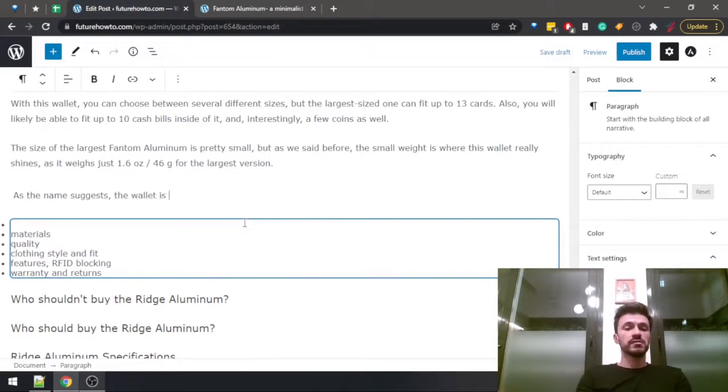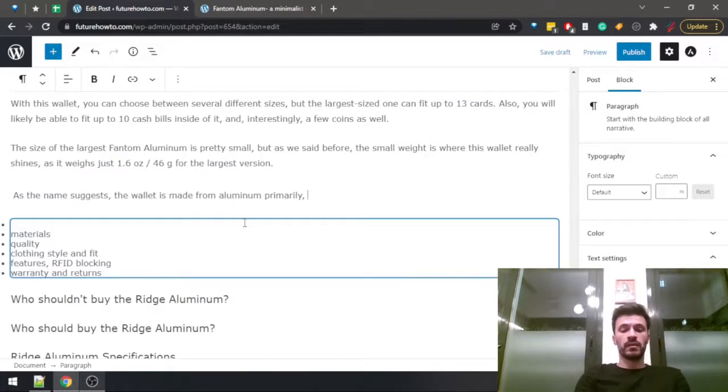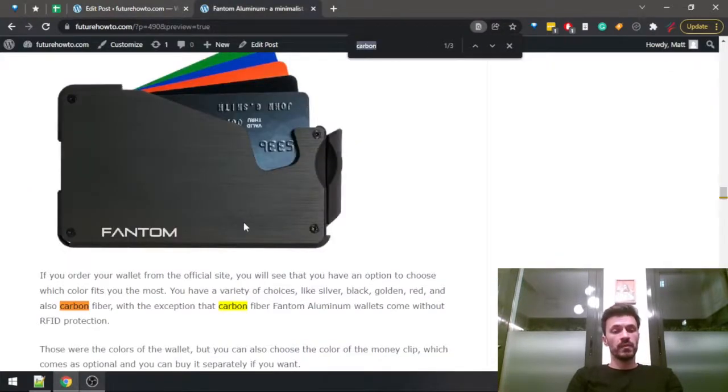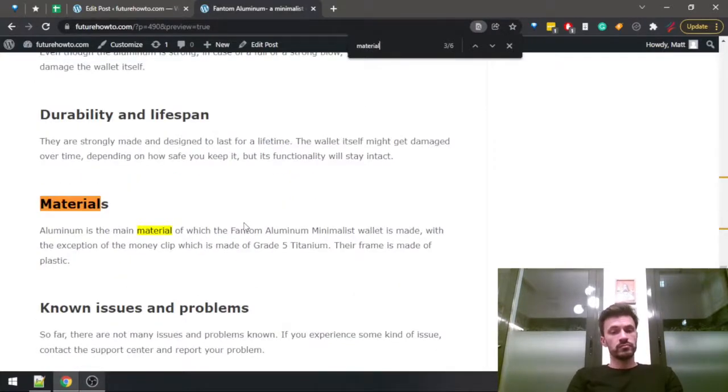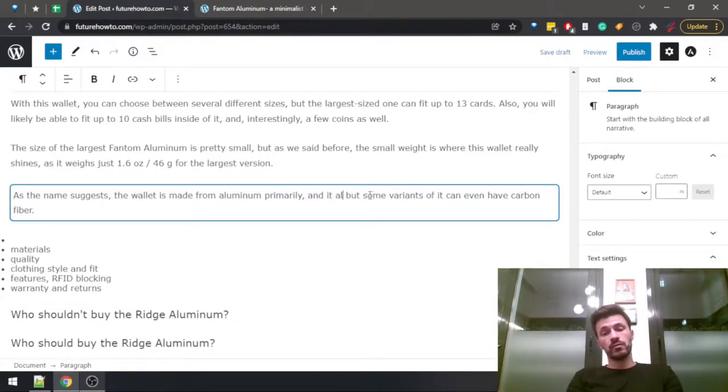The wallet is made from aluminum primarily, but some variants of it can even have carbon fiber. It also has some plastic as well.